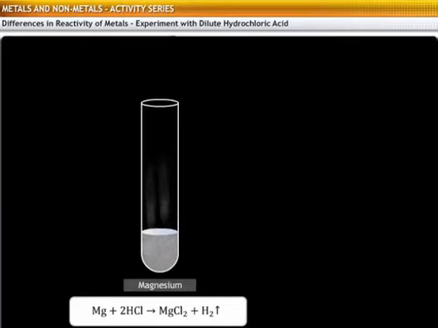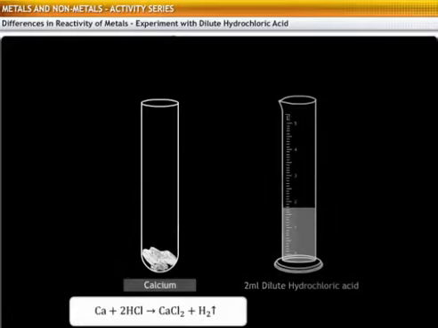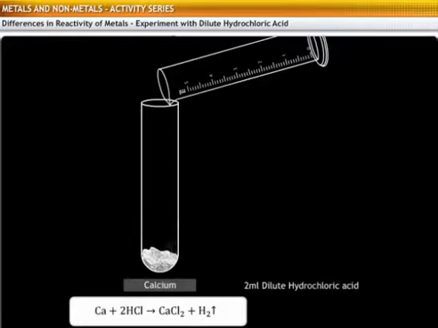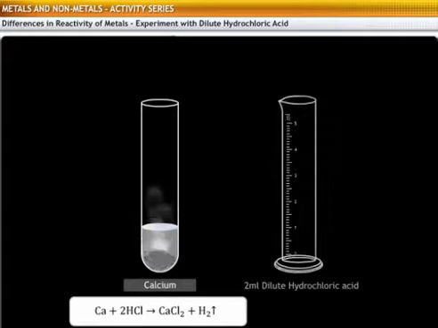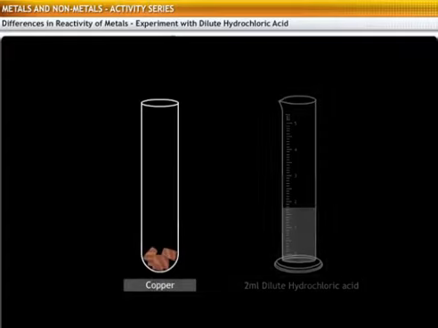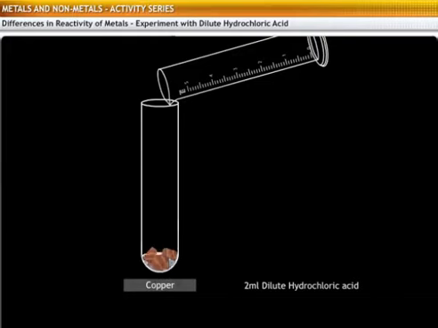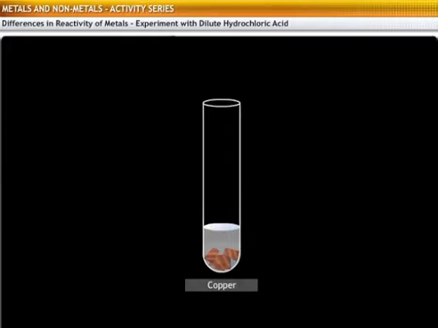However, the rate at which hydrogen is liberated in this case is lower than that observed in sodium. The rate of liberation of hydrogen reduces further in the reaction with calcium, while copper does not react with hydrochloric acid at all. The variation in the rate of liberation of hydrogen indicates that the metals differ in their reactivity.